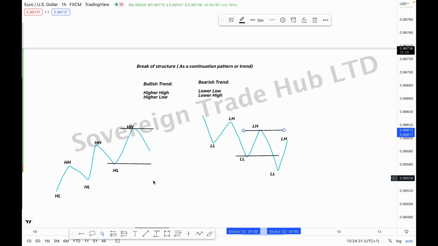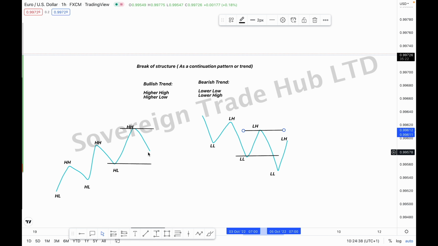If price breaks through this higher low, that's an indication that the bears just stepped in to the market. And if price breaks through this higher high, that's an indication that the bulls are still in control. But we will narrow what I'm explaining so far to the continuation trend, which is a break of structure. For now, we're not looking at breaking market structure or change of character.